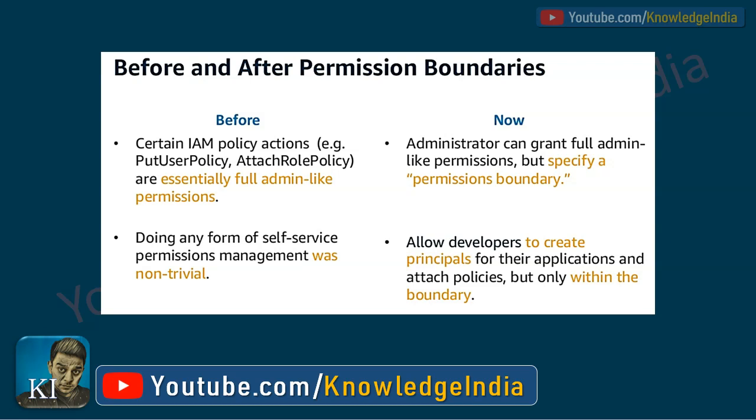And how does this thing help? It helps because, based on the requirement, this delegated admin can keep on creating different types of users and give them all the permissions. But what is the boundary of permission? How much maximum somebody can do, that you are controlling because you have set up the permissions boundary, right?